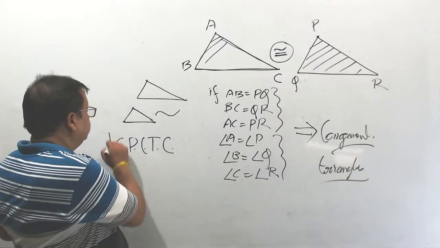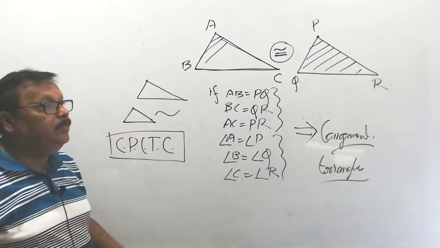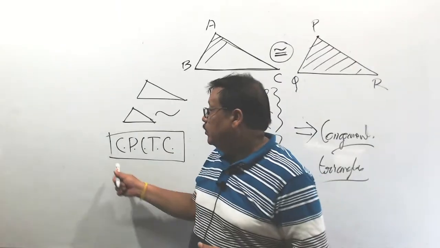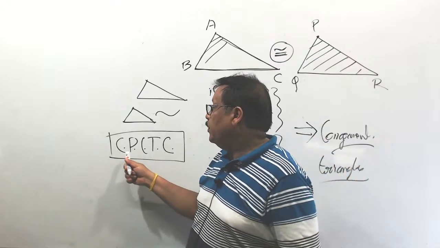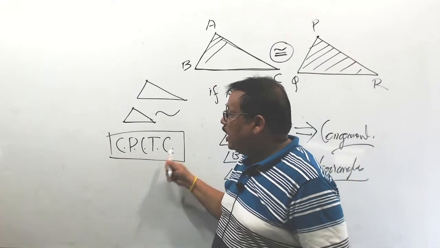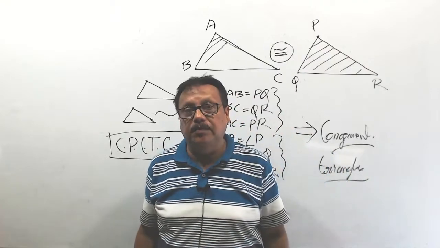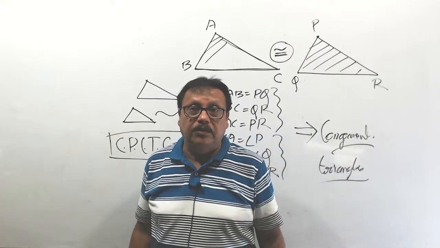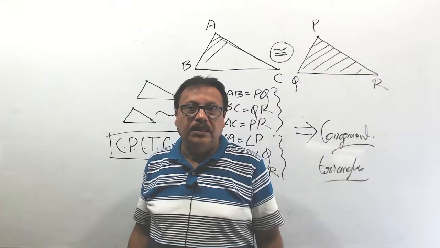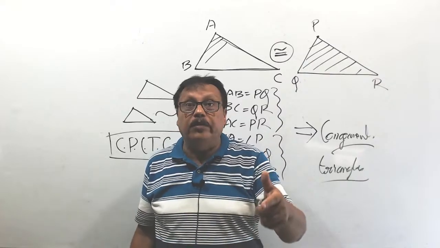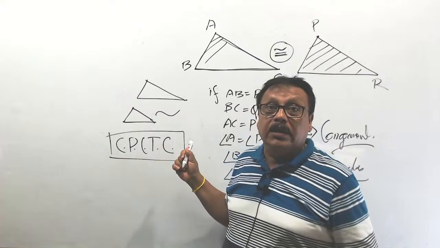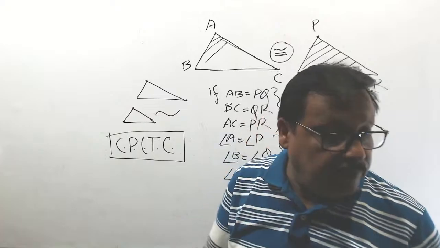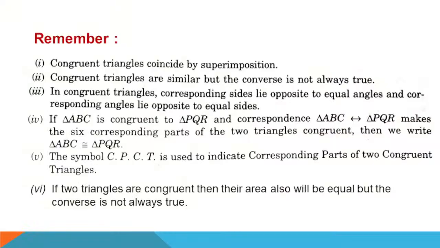This big sentence I will write in short form, to save time in the exam hall. Corresponding parts of congruent triangles are congruent by CPCTC property, without writing the full sentence. After proving the congruency, we can write this. When solving examples, the concept will become clear.